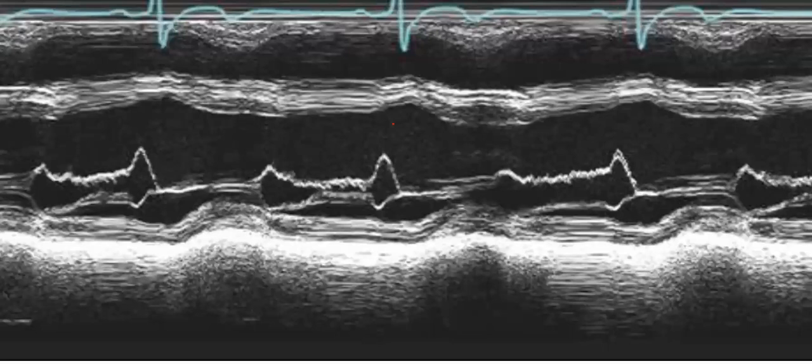Now, the flutter is not a sign of severity of AR. It's a sign of a mechanical jet hitting or impinging on the anterior leaflet. That's all. That AR can be mild, can be moderate, can be severe. It just reflects the mechanical impingement of that jet on the anterior leaflet.